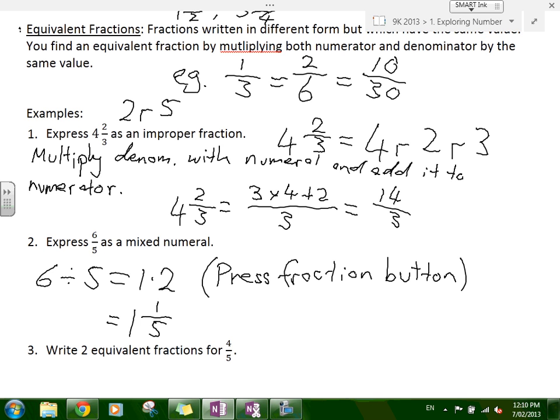So everyone try that? 6 over 5 equals, it should change to 1 and 1/5. Alright, the next one.